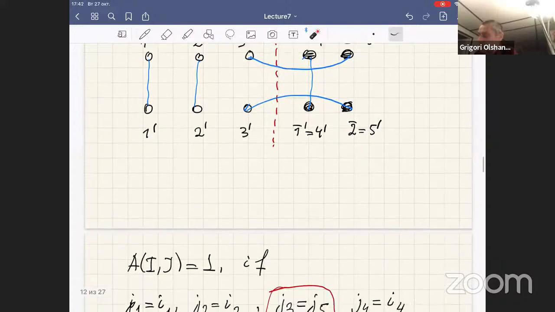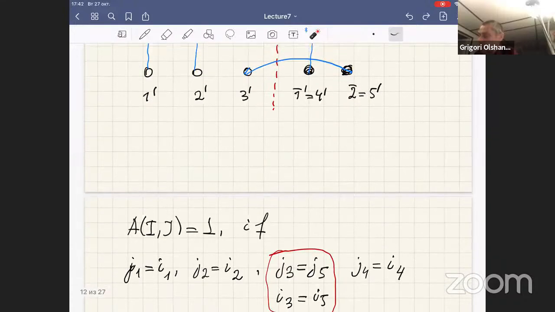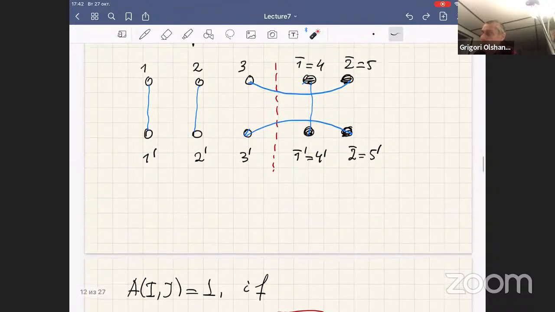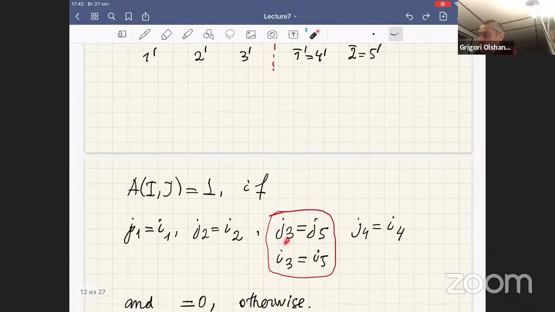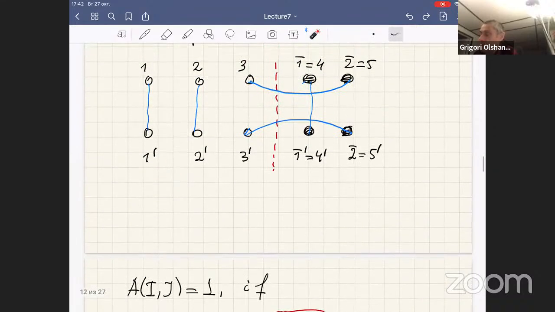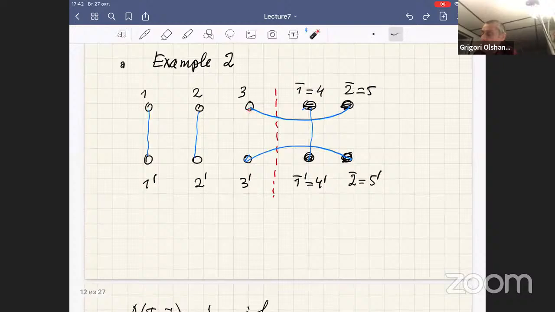And this means the following condition here: equality between two J indices, not the condition between a J and some I index, but the condition is imposed on two indices of the same kind. This corresponds, look here, to J3 and J5. This corresponds to this edge between one white node and another black node.